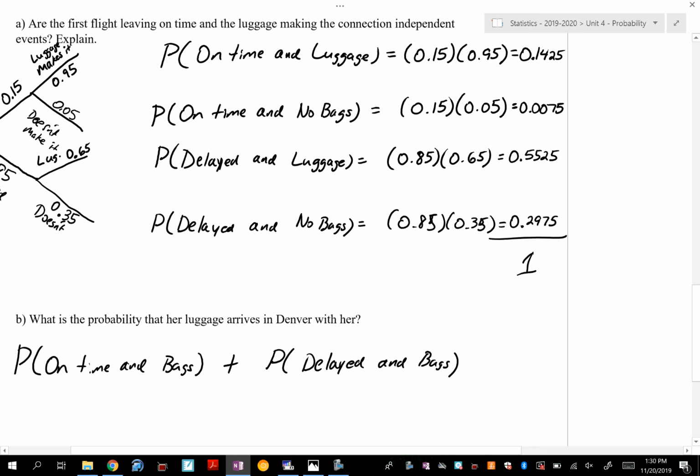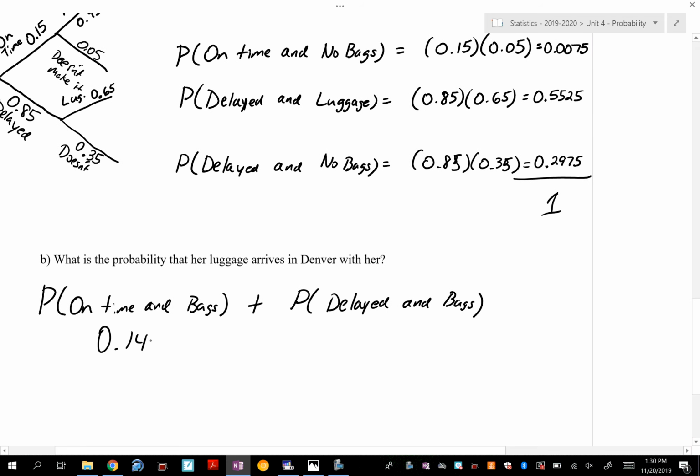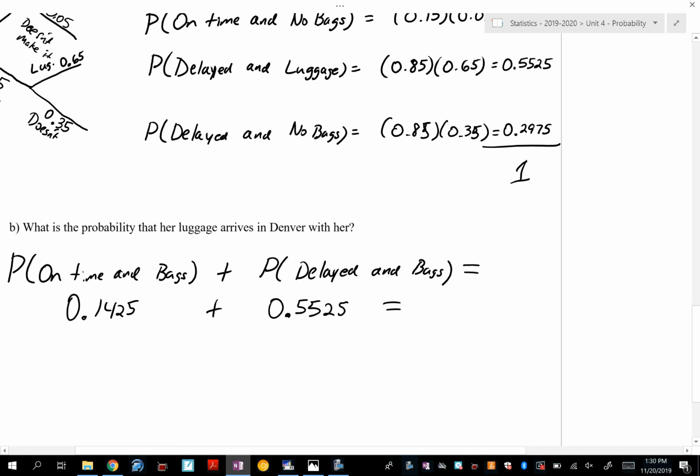So that's going to be 0.1425 plus 0.5525. All right, what's that equal to? 0.695?